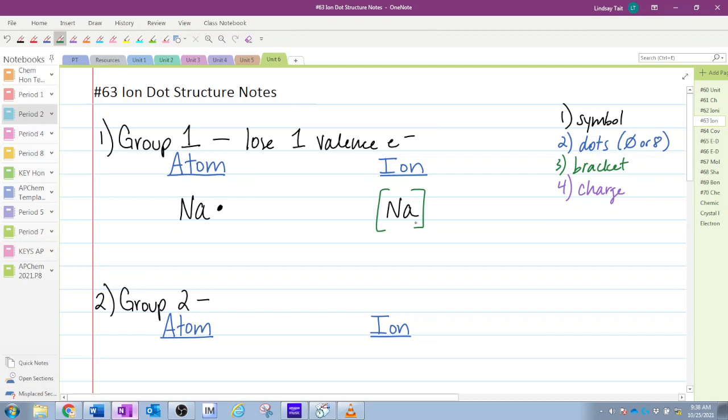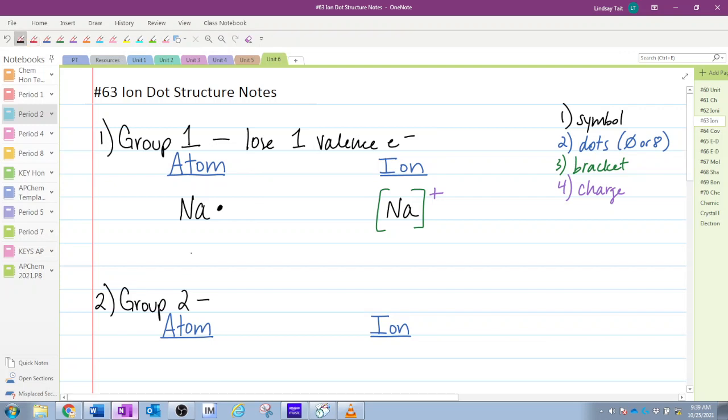This is just the chemistry notation that everybody looking knows you're talking about an ion. In addition to the fact that it's kind of a superscript up here in the corner, we're going to put the charge. If it lost 1 electron, what would its charge be? +1. You don't have to write the 1. It's not common to write the 1. You can just put a plus sign. And there we go. That is the dot structure for an ion of sodium.